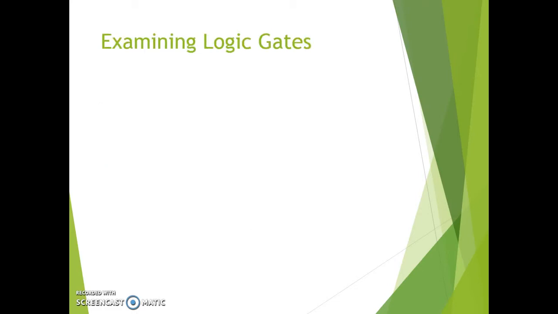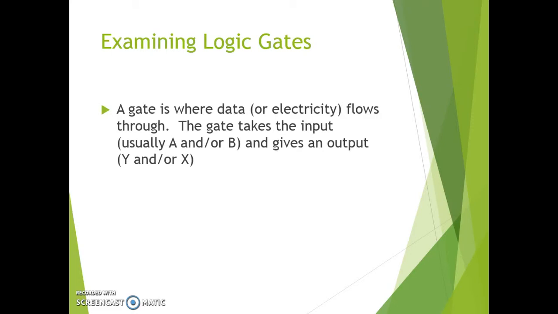We do this through a hardware component called a logic gate. A gate essentially is, well, a gate. It controls the flow of electricity. It takes inputs, usually called A and or B, and gives an output, usually called Y or X.